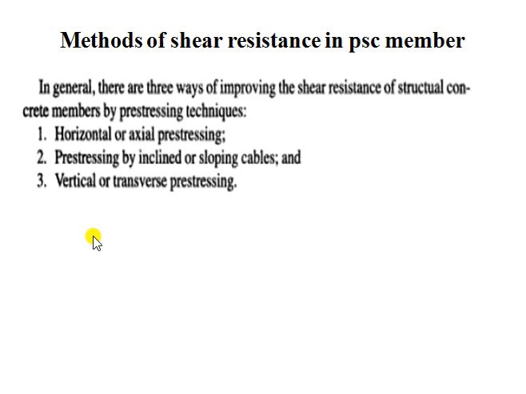First is horizontal or axial prestressing, second is prestressing by inclined or sloping cables, and third is vertical or transverse prestressing. By using these three techniques, we can resist the development of shear force, or make the section strong against shear force.